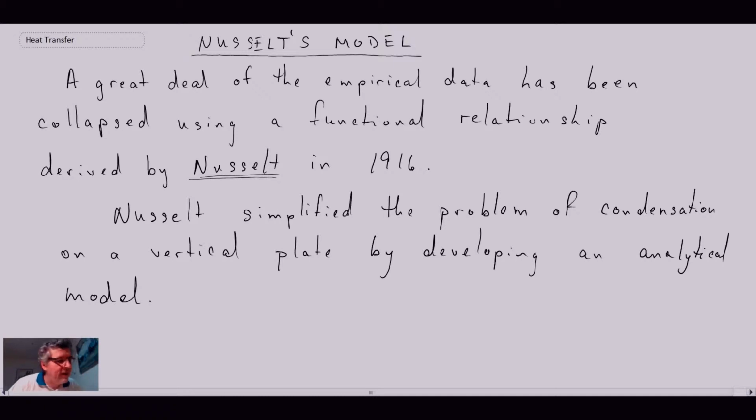So we'll begin by looking at Nusselt's model. He was doing a combination of force balance, and as well he was looking at dimensional reasoning, so dimensional analysis. But let's begin with the schematic for how Nusselt envisioned the flow field when we have film condensation on a vertical plate.